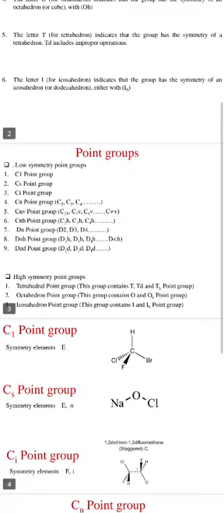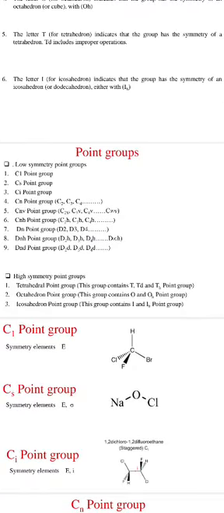When we talk about point groups, generally we classify them into two groups. The first is the low symmetry point groups, which generally contain a smaller number of symmetry elements; only a few symmetry elements are present.